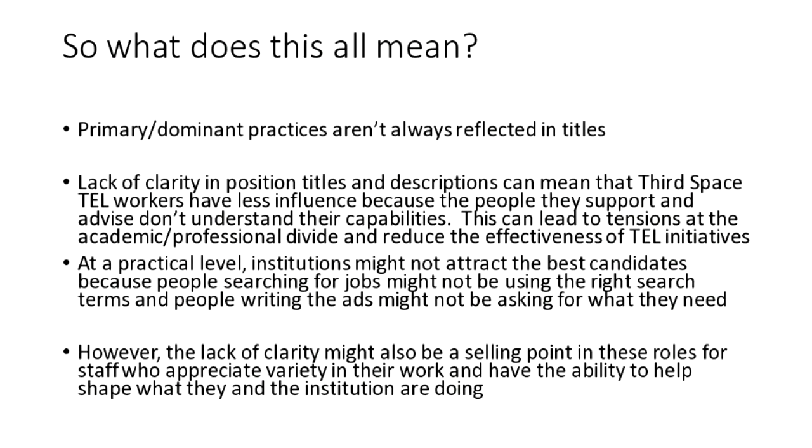So clearly, what we found out of this was that the primary dominant practices aren't always reflected in the titles. This lack of clarity probably means that overall we have less influence because the people that we're working with don't actually know what we can offer and what we can do, which may lead to some tensions.